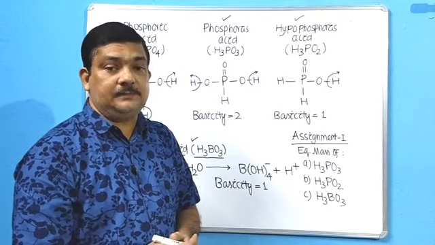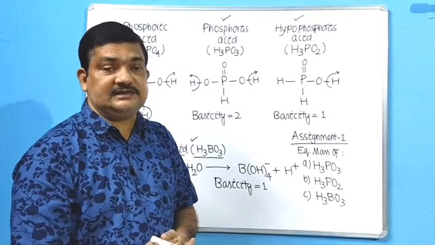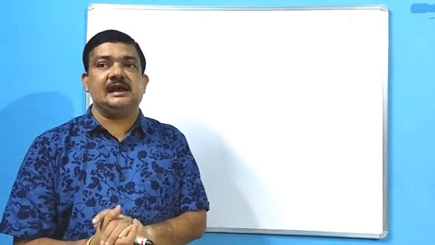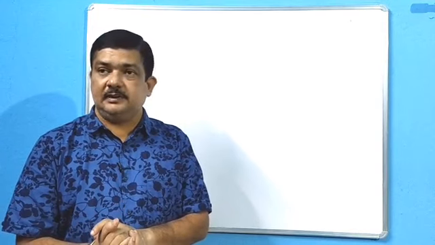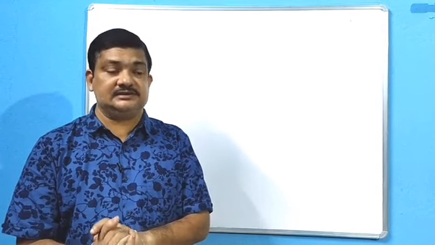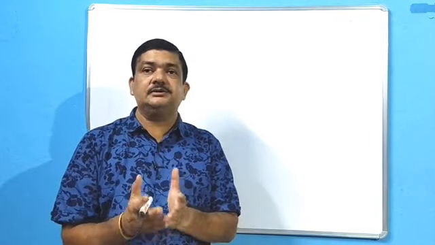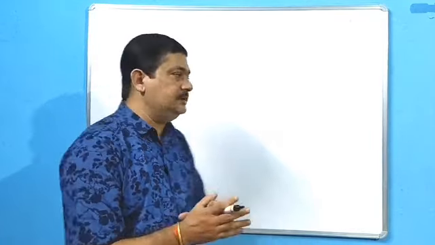Next, I will give you some examples of how to find out the equivalent mass of acids from equations. Students, in some books, questions are asked to find out the equivalent mass of an acid based on the reaction. So based on that, you have to find out the equivalent mass. I am giving you 2 examples.